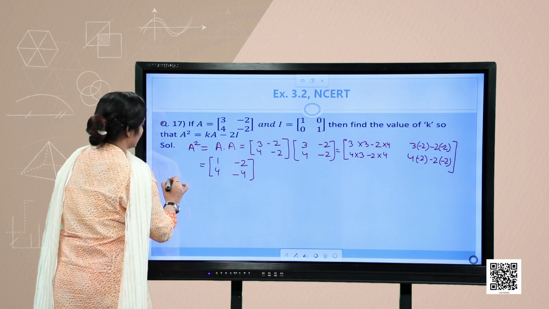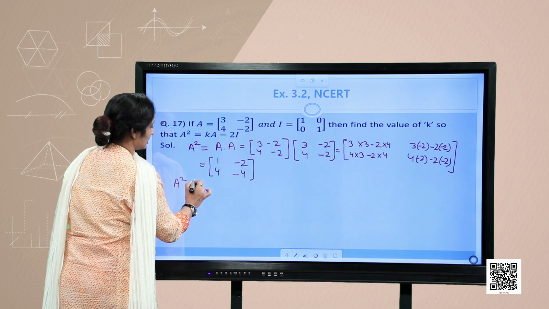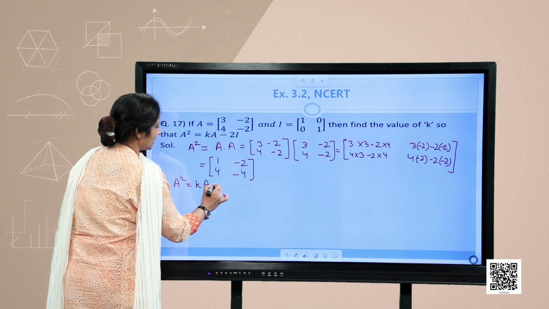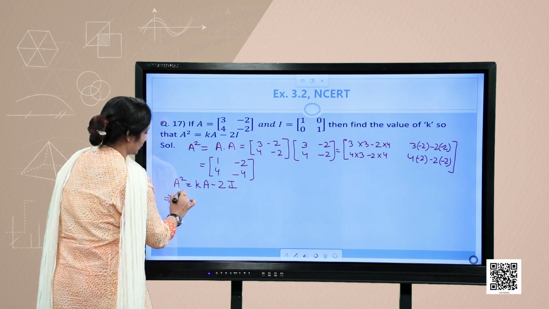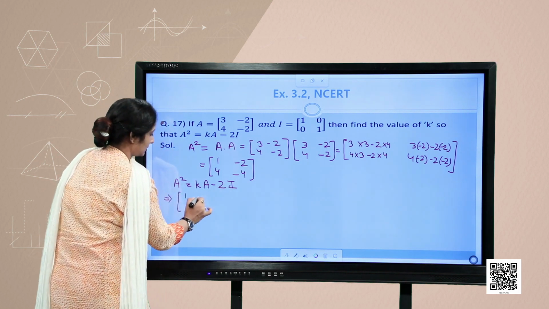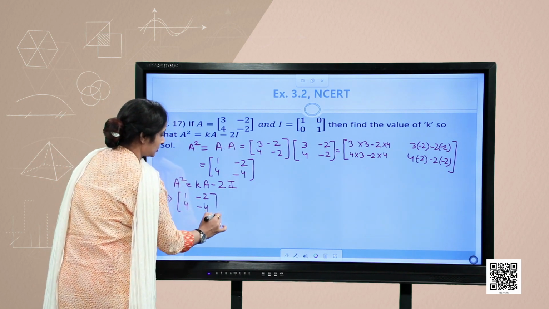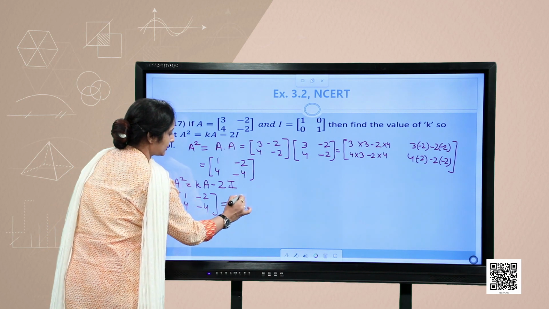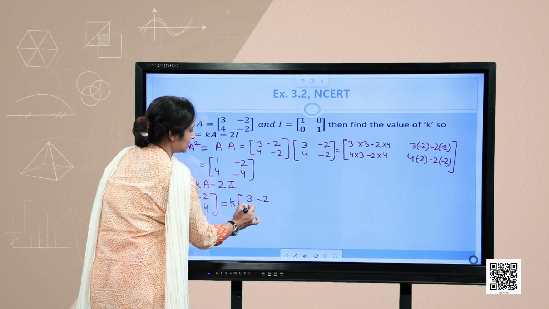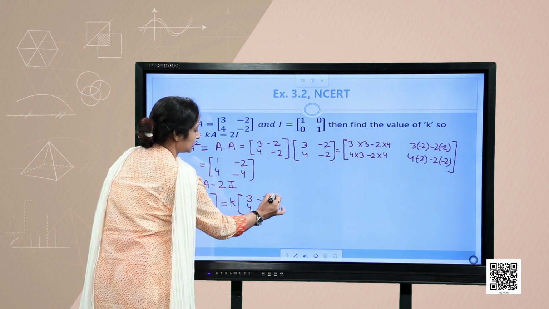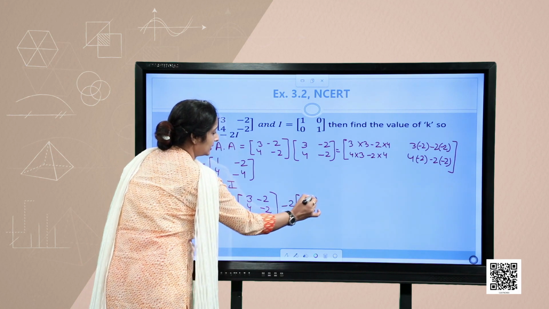Now let us write this given matrix equation. A square is equal to K into A minus 2I. So substitute all the values, 1 minus 2, 4 minus 4. Write down this K as it is, A 3 minus 2, 4 minus 2, minus 2 times the identity matrix.